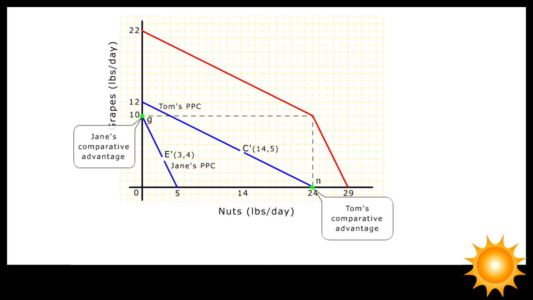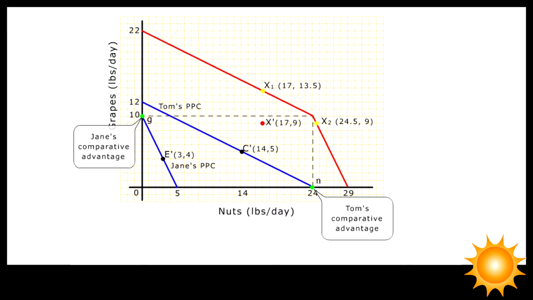If Tom at point C prime and Jane at point E prime are each producing for his or her own consumption, their combined output X prime is below their combined PPC.